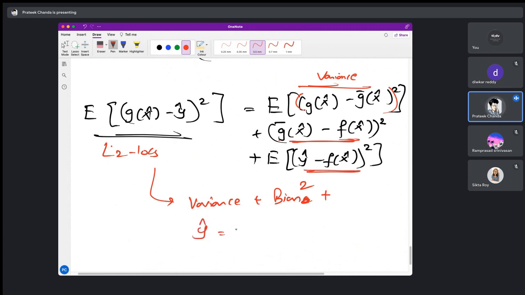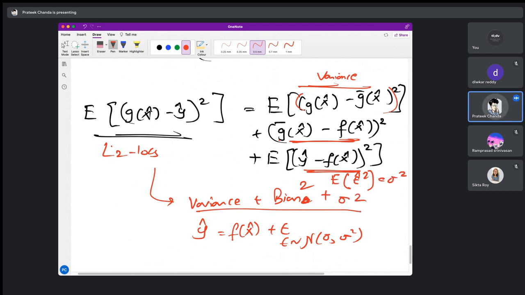Y hat is equal to f of x hat plus epsilon, where epsilon comes from a distribution with mean 0 and variance sigma squared. So this is the expectation of epsilon whole square, because the difference is epsilon and I'm taking the square of it, and that comes out to be sigma square only. So the entire expression is variance plus bias squared plus sigma square, the L2 loss.